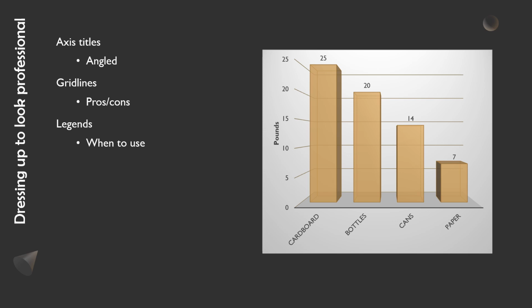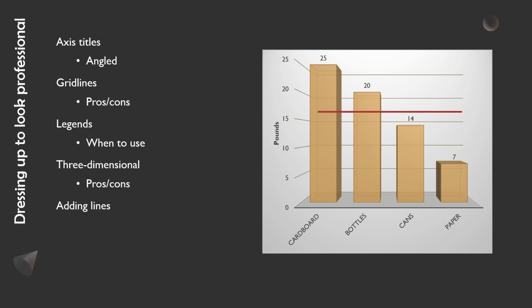Use legends if you have multiple categories, but not if you have only one category, like waste on this slide. Consider whether a three-dimensional chart makes it easier or more difficult to see the data. You can see in this example that a combination of 3D bars and grid lines actually makes the information a bit more difficult to interpret.